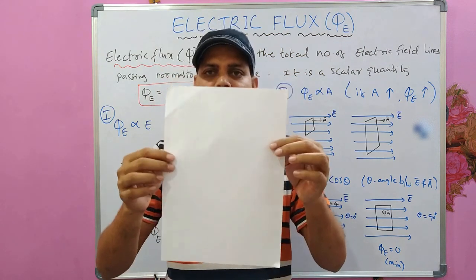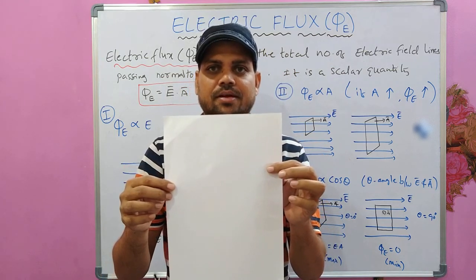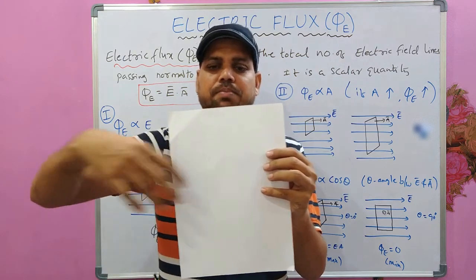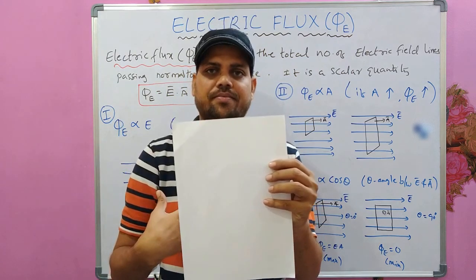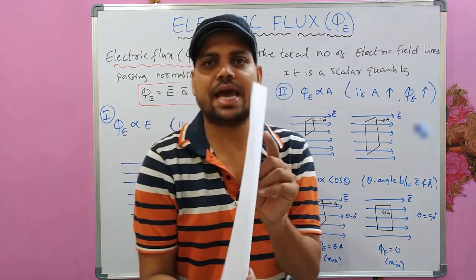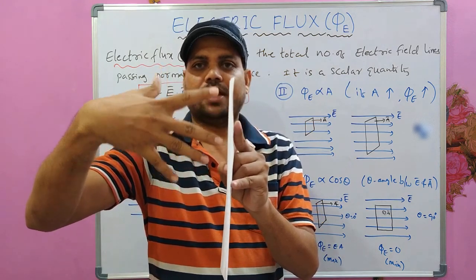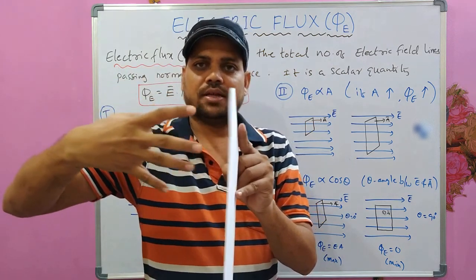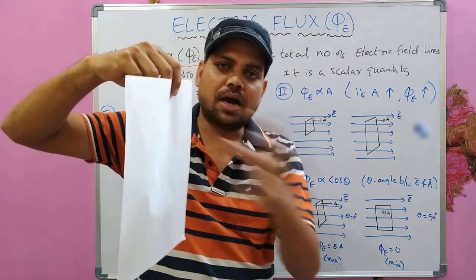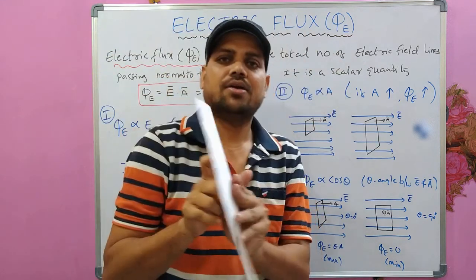But when my window is in this way, no flux is observed, because no air is passing through the surface normal to the surface. Now if my window is like this and airflow is in this way, the amount of air that passes through this plane surface perpendicular to it would be the flux.